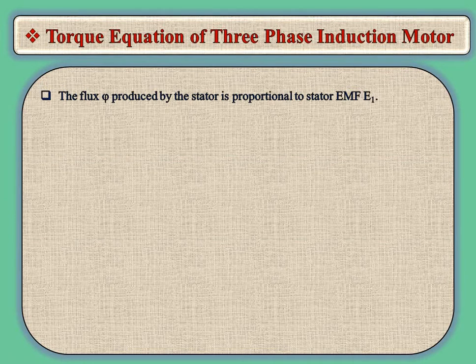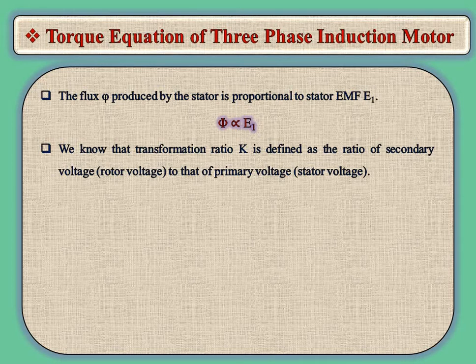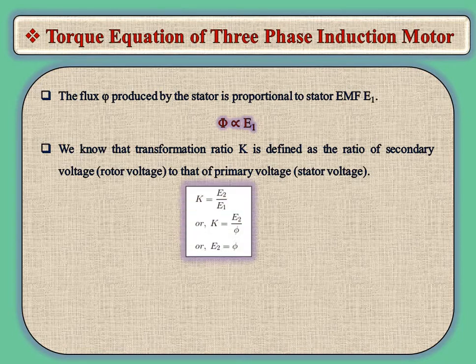The flux phi produced by the stator is proportional to the stator EMF E1. So mathematically the flux phi is proportional to E1. We know that the transformation ratio K is defined as the ratio of secondary voltage to primary voltage. In case of induction motor, the secondary voltage is the rotor voltage and the primary voltage is the stator voltage.